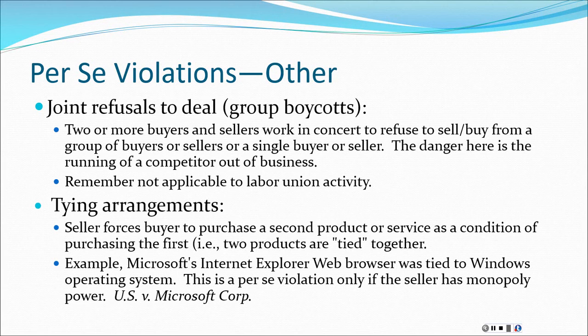But in this particular case, as a per se violation under Section 1 of the Sherman Act, it is only a violation of Section 1, meaning it's only a per se violation, if the seller is a monopolist. If the seller is not a monopolist, there is not a Section 1 per se violation.